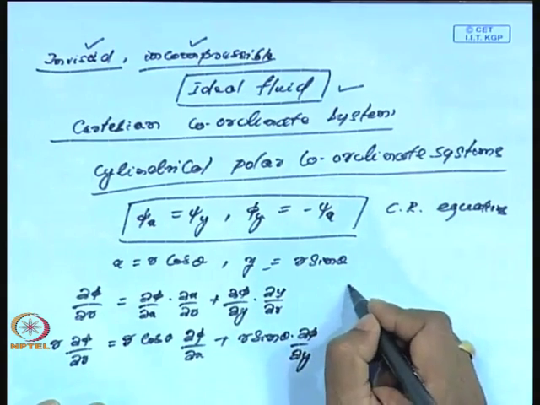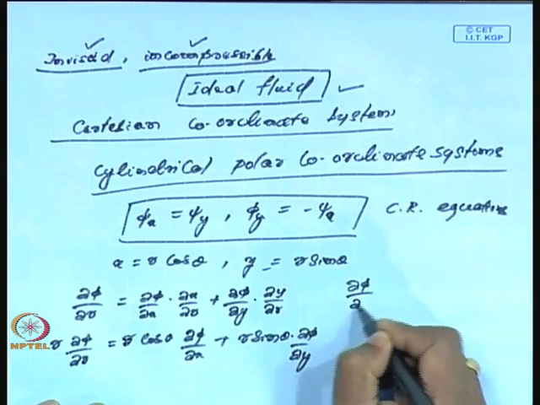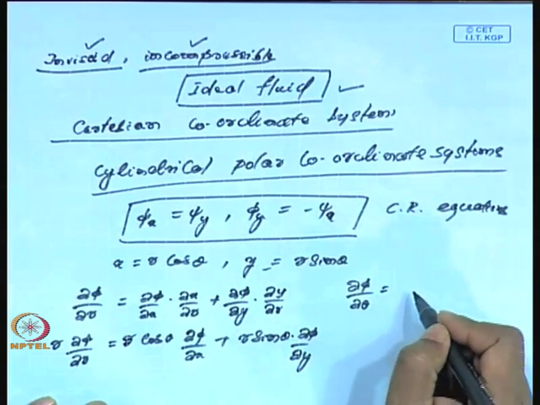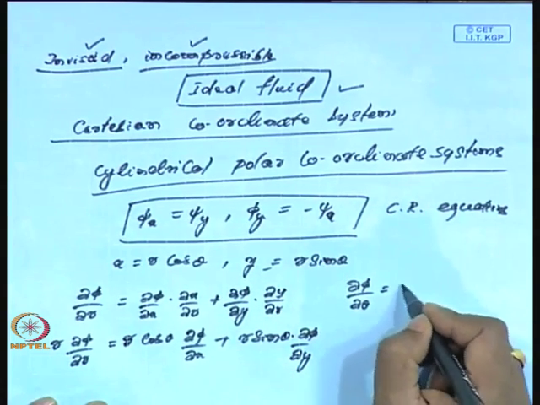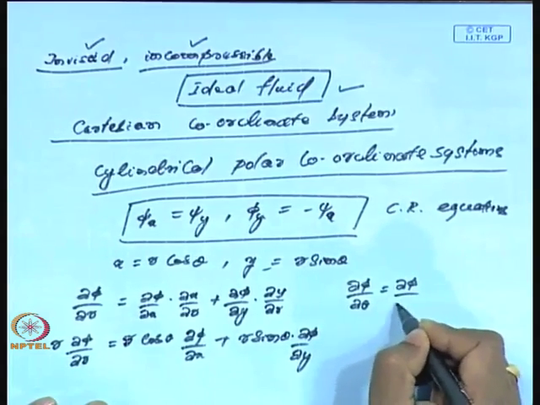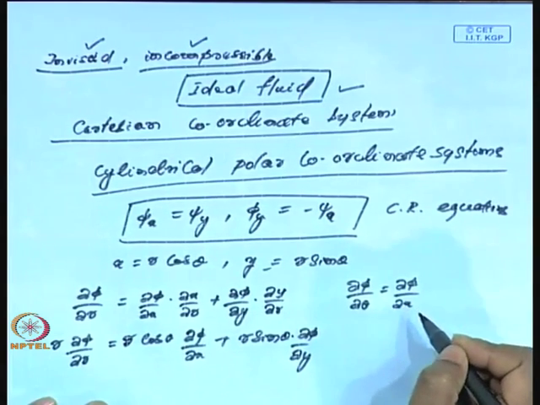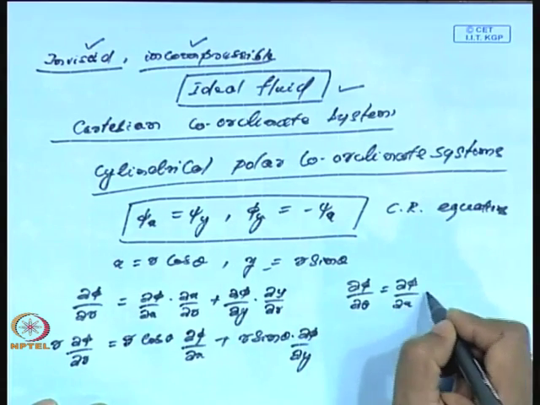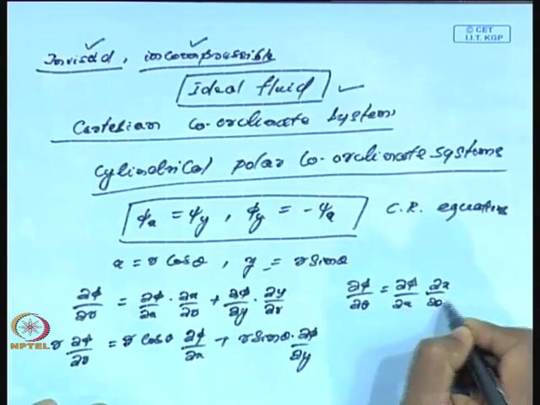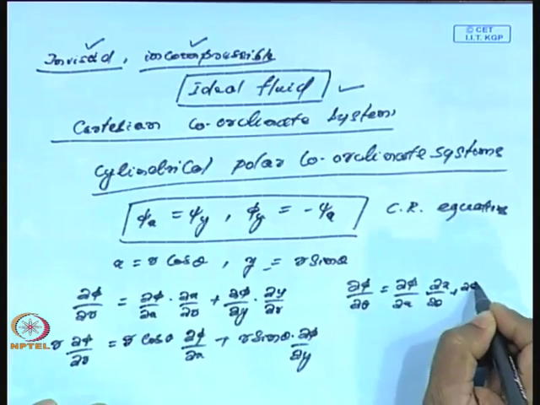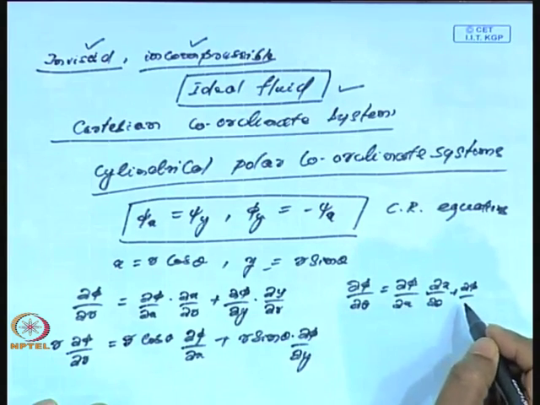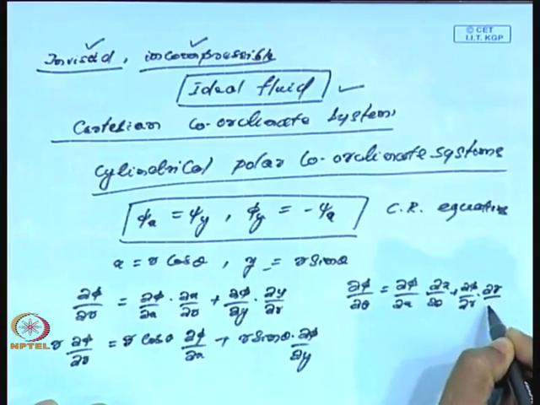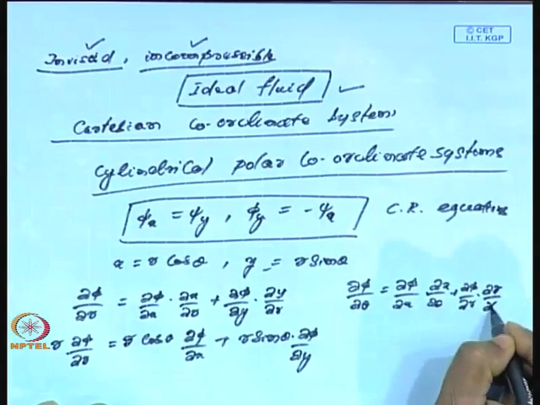Similarly, if you look at what happens to del phi by del theta, because del phi by del theta is the same as del phi by del x into del x by del theta plus del phi by del y into del y by del theta.